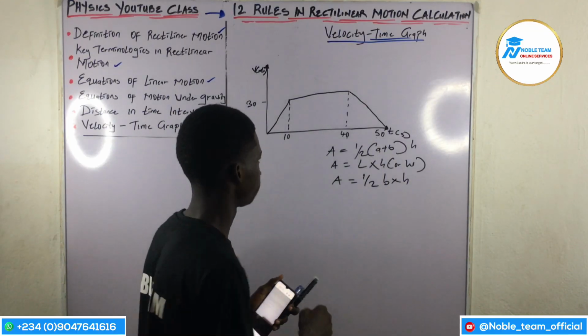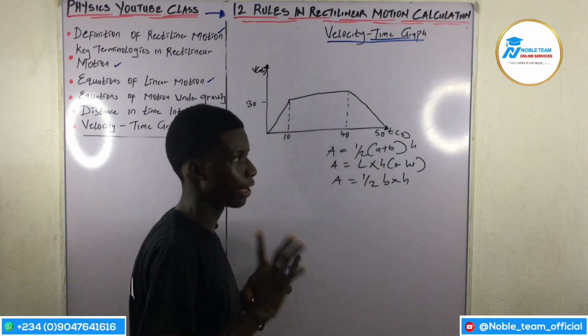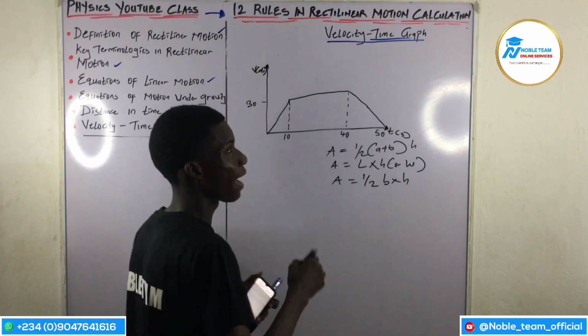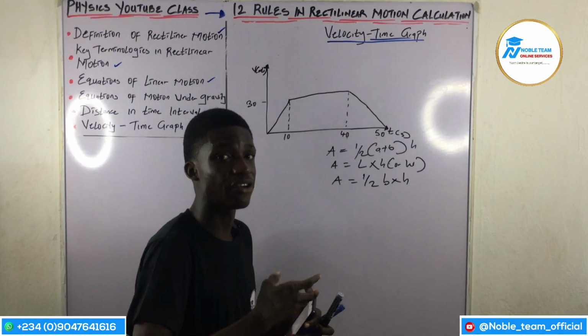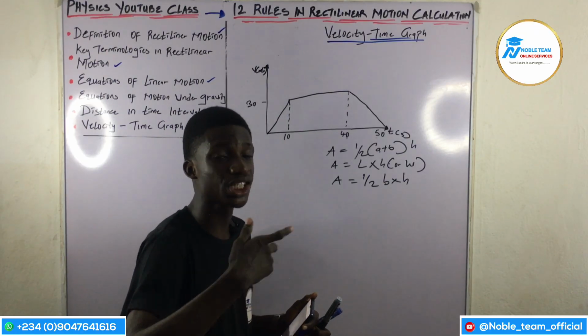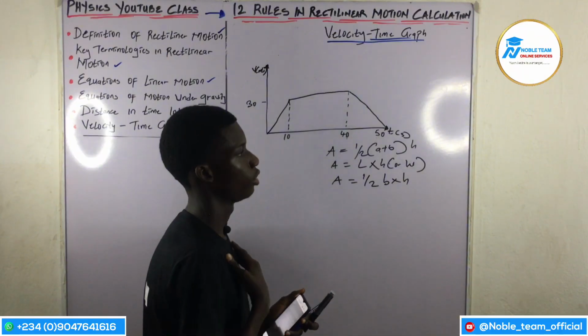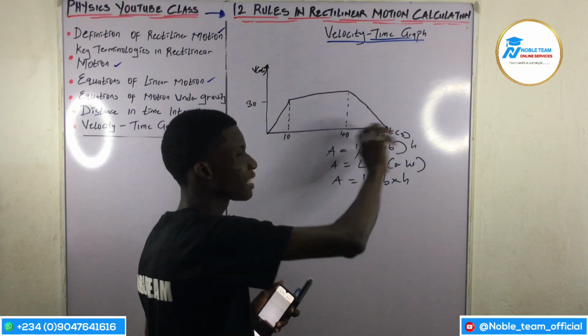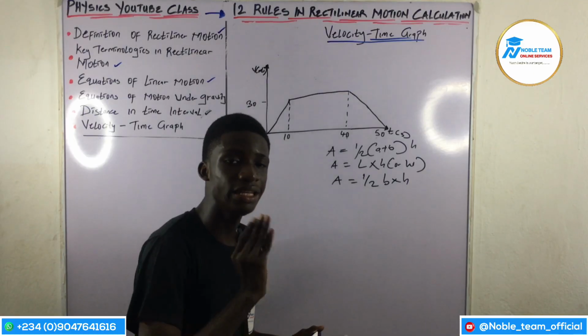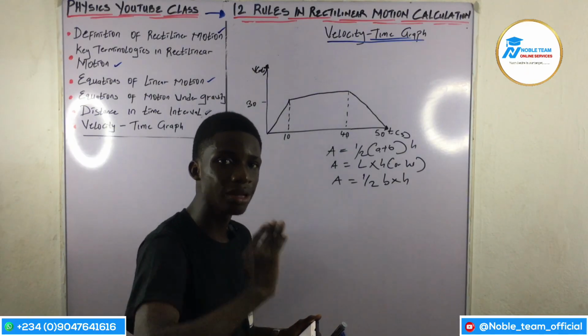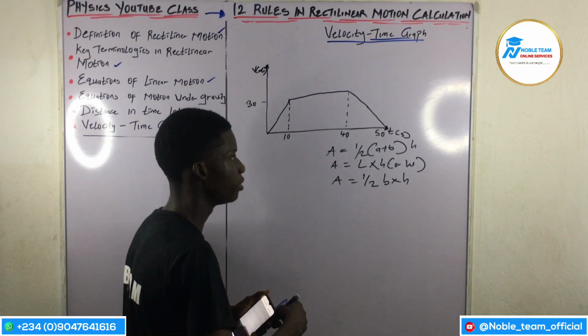Pen down something. My A, how can I get my A? To get your A and B, if you are using the formula for trapezoid, which is the one I prefer most, you will just mark the straight line in the VT graph, the constant line, the uniform line in a VT graph. Now what do I mean?